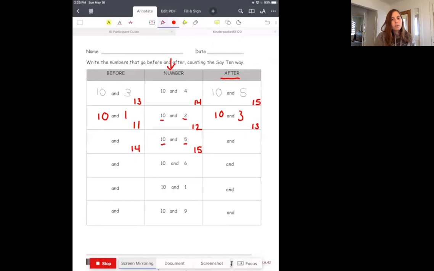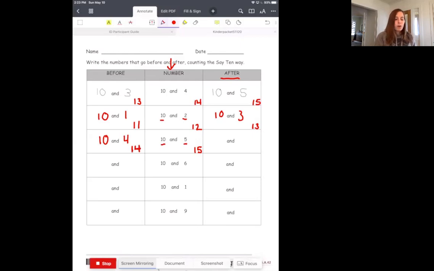So when you look at the number 14, you should see 10 and 4. You see? One group of 10 and 4 ones.